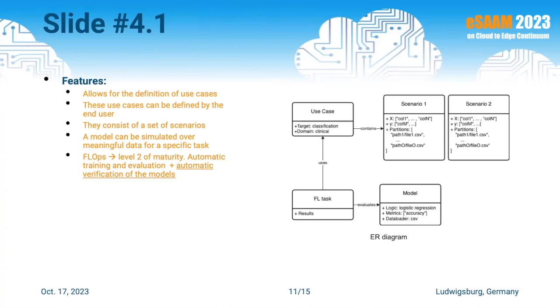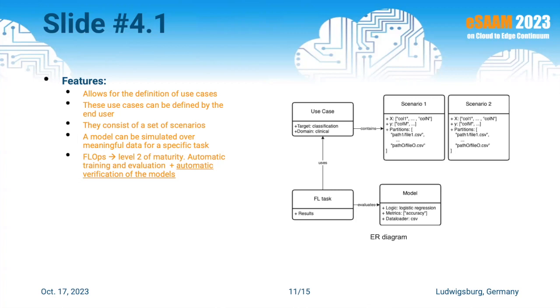The model is the model that the AI practitioner hands to the platform, to this simulation tool. This model is run against all the scenarios, and all the results are gathered and conveyed to the end user at the end. So these are the features that allow, besides the definition of use cases, that this model can be simulated for some meaningful scenarios, and also that we can leverage automatization.